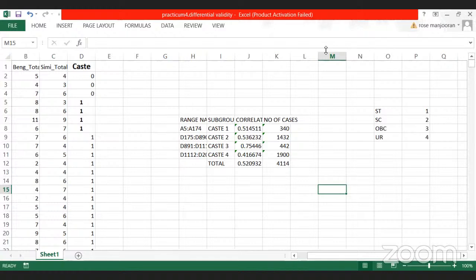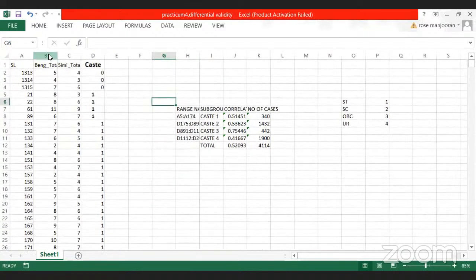No, there is another explanation. Yes, sir, please. These UR candidates are basically the general candidates, and the data we have collected is mainly from government schools, where the number of general students is less.